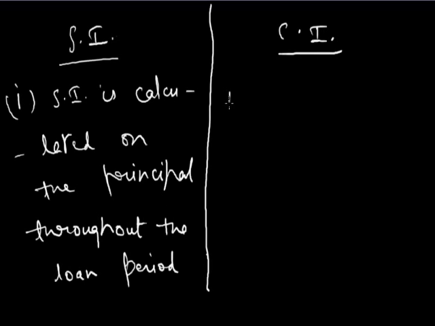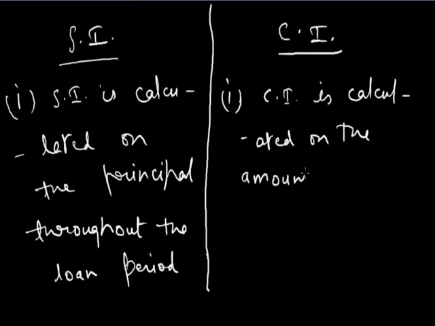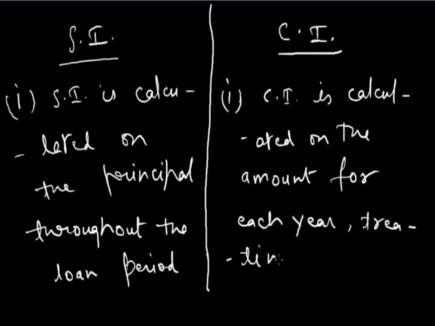While in case of compound interest, the point which distinguishes it from simple interest is that compound interest is calculated on the amount of each year, treating it as principal for the next year.